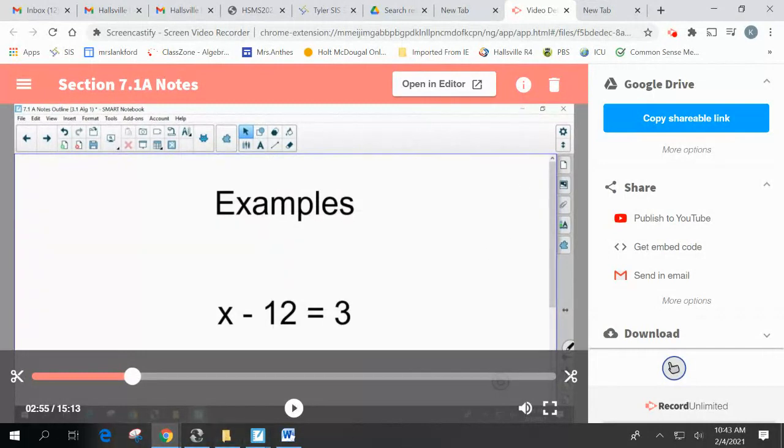Next example, x minus 12 equals 3. So we would add 12 to both sides.